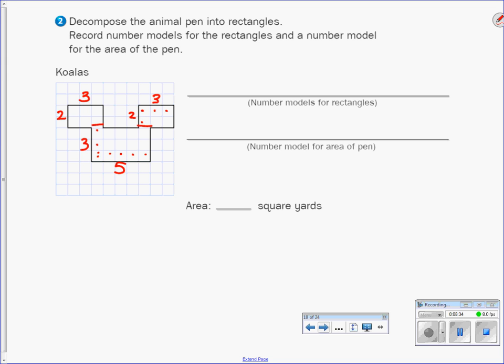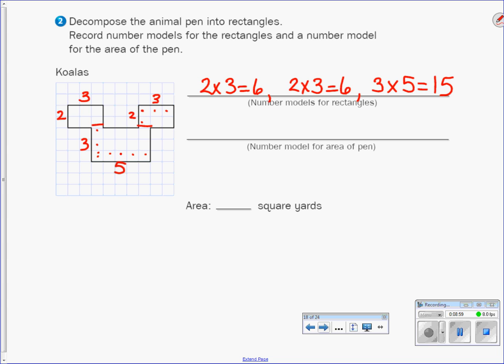So my number models would be 2 times 3 equals 6, and then 2 times 3 equals 6 again. And then my last one would be 3 times 5 equals 15. And that would cover all my areas of my rectilinear here.